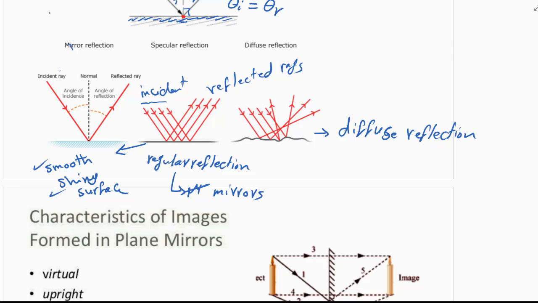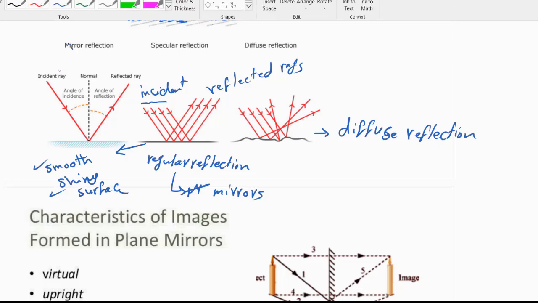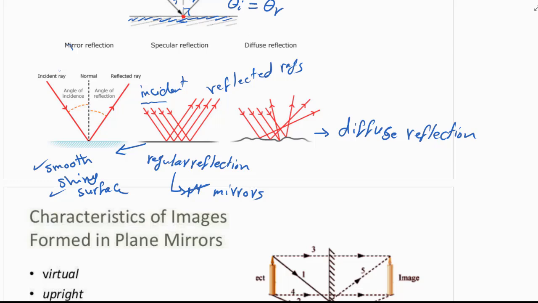But in diffuse reflection, the situation is different. In diffuse reflection, the surface is rough. And when I'm telling you it's rough, it doesn't mean that when you touch it, you will find it rough.